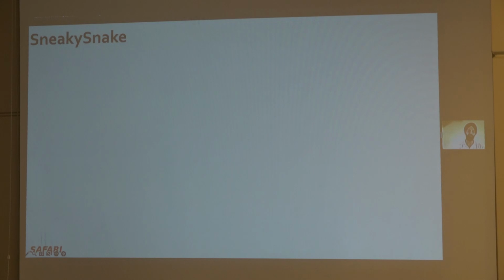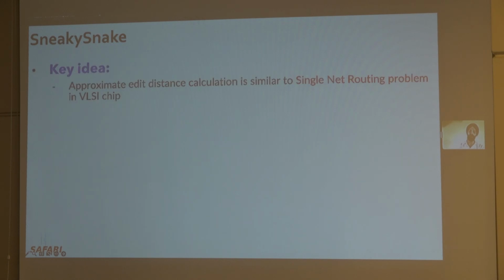And Sneaky Snake is the state-of-the-art pre-alignment filter, which is from our group, from Mohammed. The key idea, and I will give a really high-level idea of how this accelerates pre-alignment filtering, is by approximating the edit distance calculation, which is similar to a single net routing problem in VLSI.